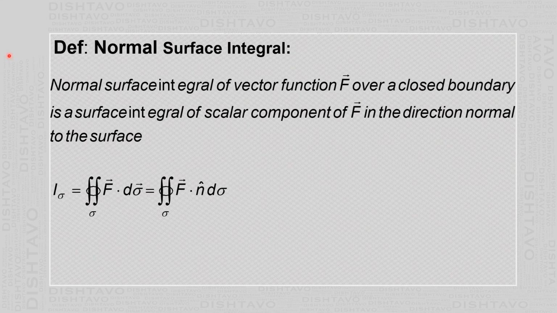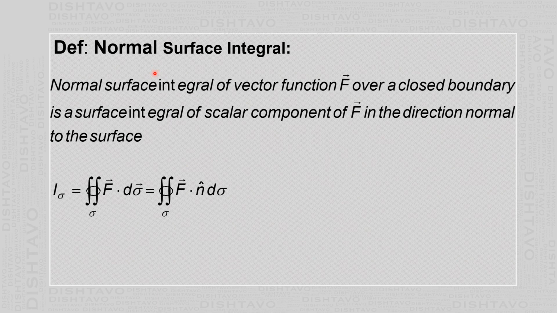Here we will study the meaning of the normal surface integral. It is a surface integral, that means the integration is done with respect to the surface area, and it is called a normal surface integral, and the word normal is used because the direction of the area vector is always the normal, that is, perpendicular to a point on the surface.